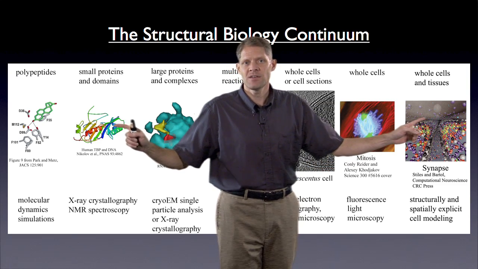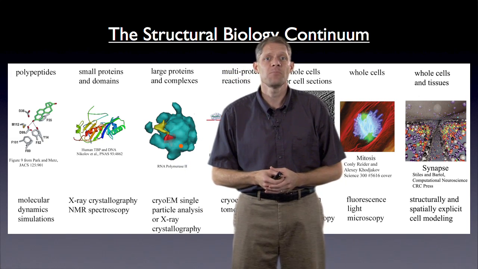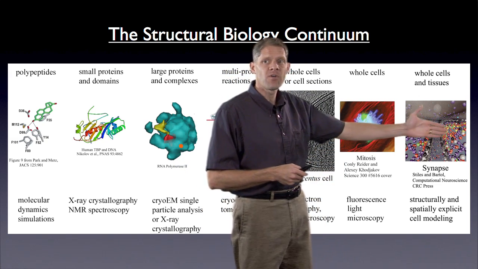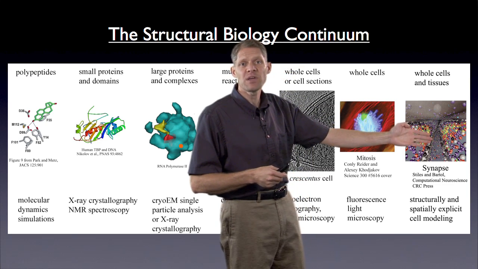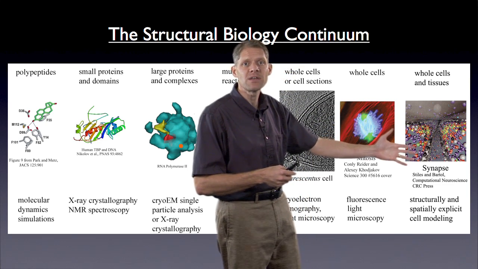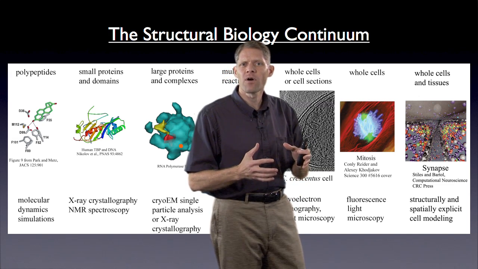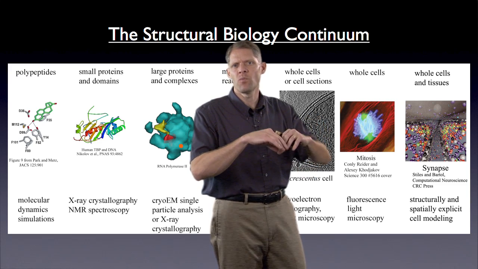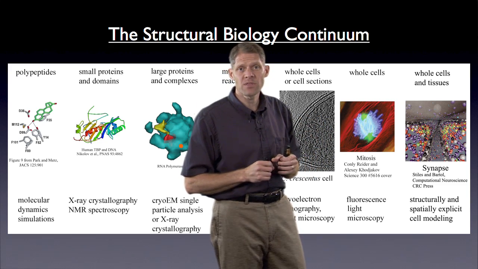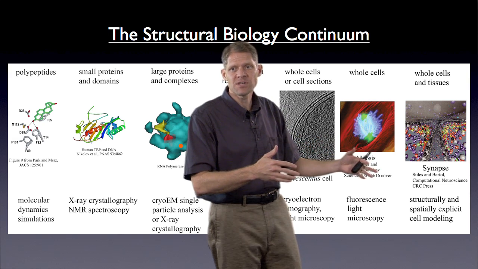Now, on either end of the structural biology continuum, I add two different computational techniques. First of all, systems biology, or structurally and spatially explicit cell modeling, can allow us to explore different hypotheses for the rules that govern how proteins are interacting and where they can go and what they can connect with. And systems biology allows us to explore that computationally.